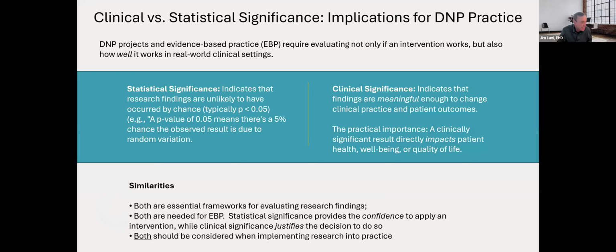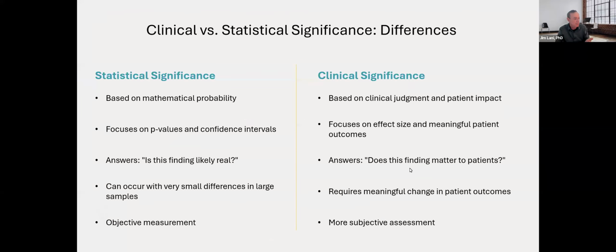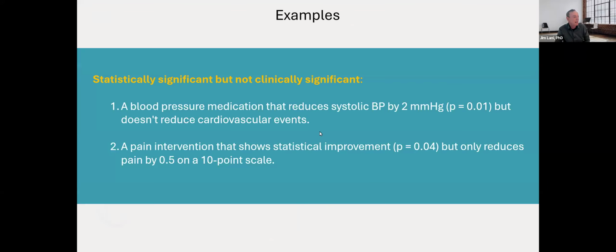Here are some examples of practical clinical significance. Blood pressure medication reduces blood pressure, and this is statistically significant, p less than 0.01, but it's not clinically significant.